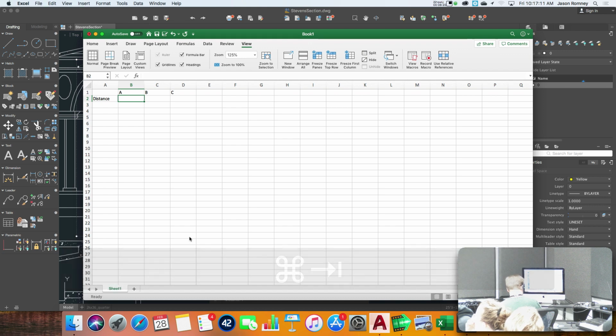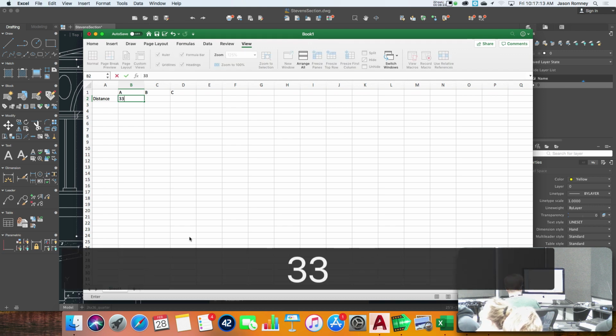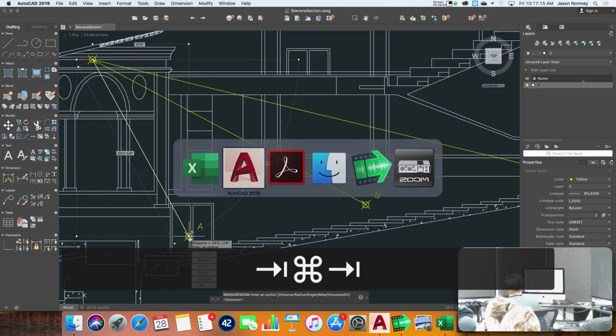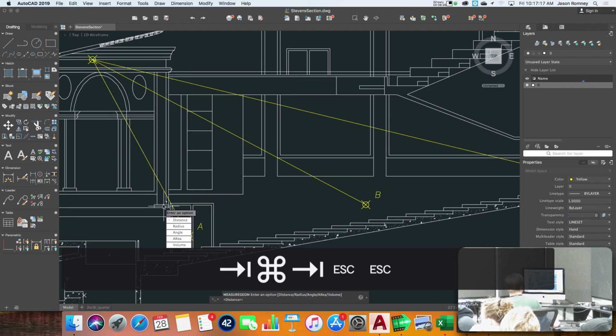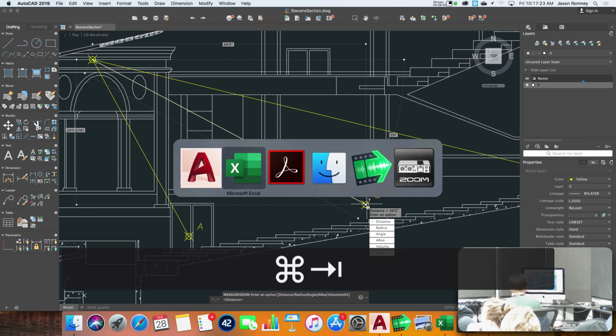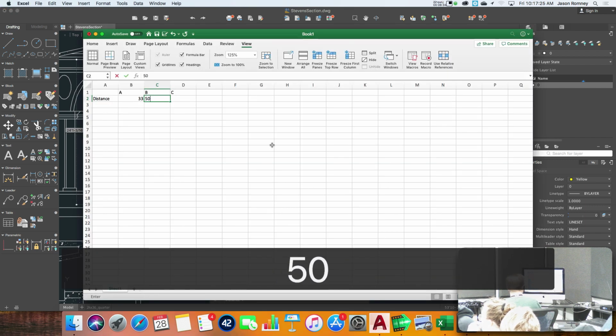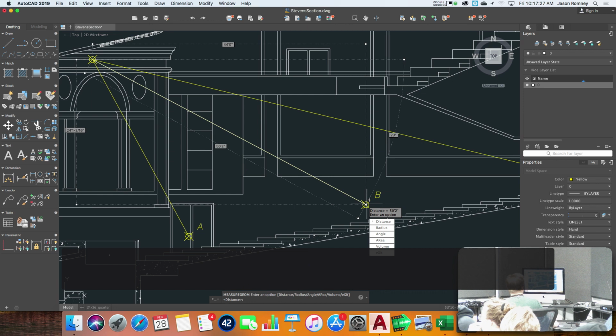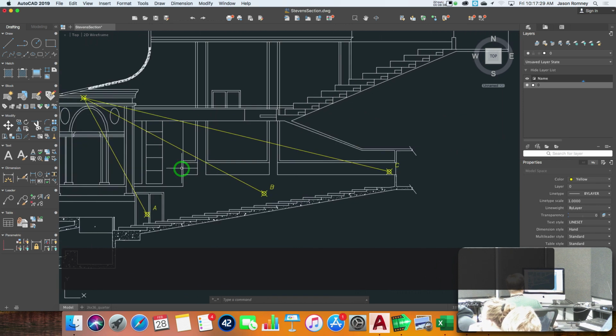I'm just going to say 33 feet. Now, 2 inches is probably not super important from a loudness point of view. Distance to seat B, 50 feet 2 inches. So 50 feet.